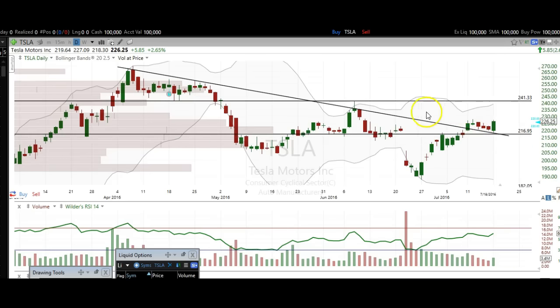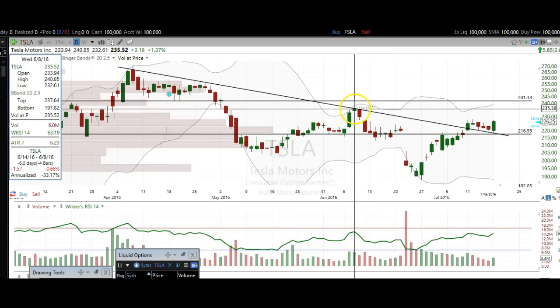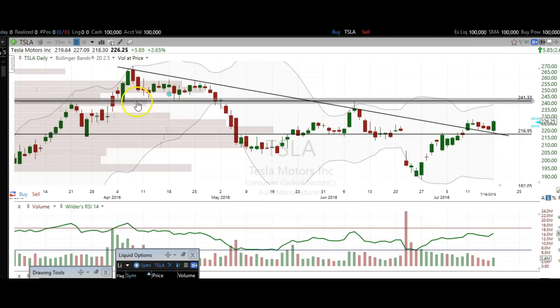So moving forward, where do we have resistance? Because you already know where support is. Resistance is going to be from these few candles right here, right around 235, and then from the lows of these few candles right here, right around 241.